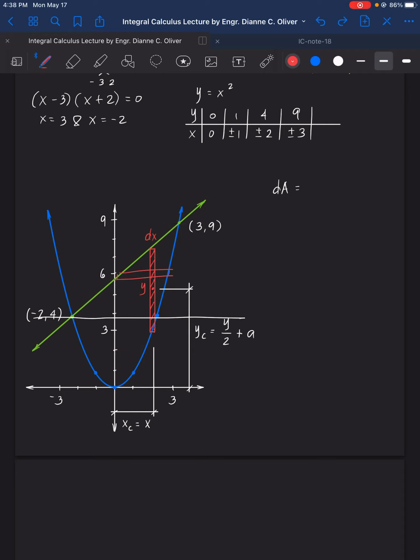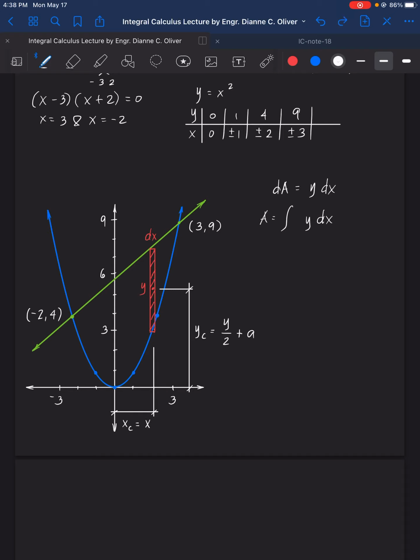So we have decided to go to the vertical area strip so as to not complicate things also. So dA is equal to y dx. That is the area of the area strip. So area is equal to integral of y dx.